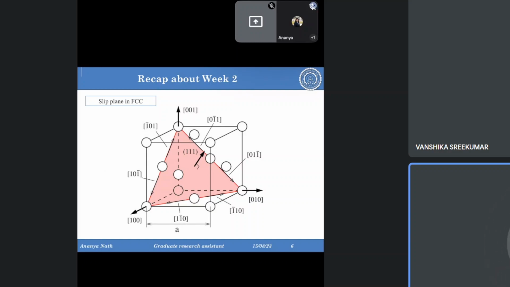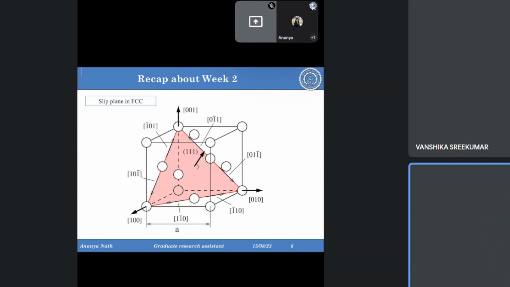So what is slip plane? There are a number of planes in each lattice. Lattice means they can be FCC or BCC, face centered or body centered, or simple cubic or HCP, hexagonal. So there are a lot of planes, but particularly a few planes always tend to have the dislocations in them.